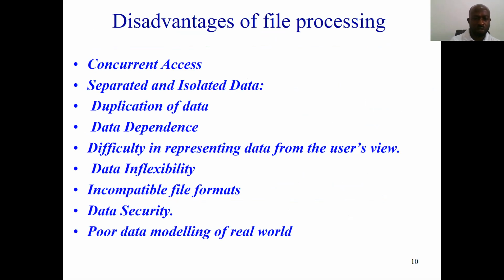There are also issues of data security and poor data modeling of the real world. So these are some of the disadvantages: concurrency access, separated and isolated data, duplication of data, data dependency, difficulty in representing data from the user's view, data inflexibility, incompatible file formats, data security, and poor data modeling of the real world.